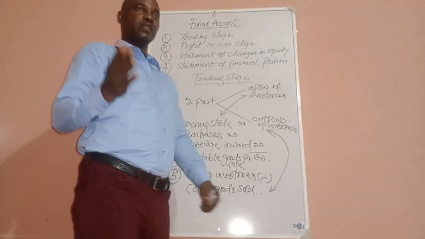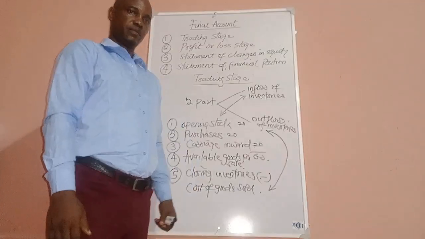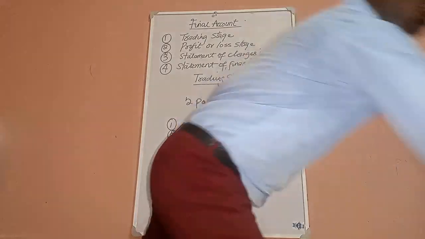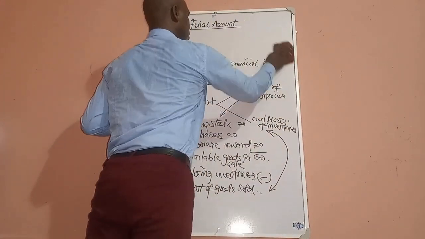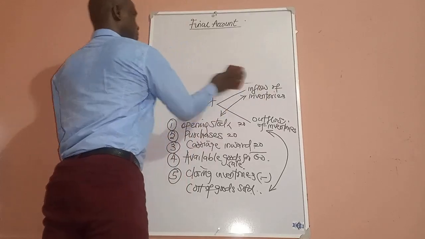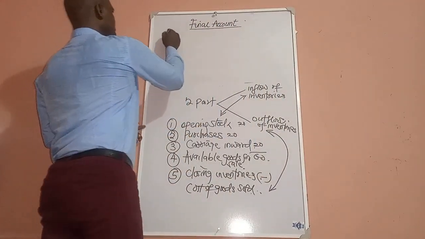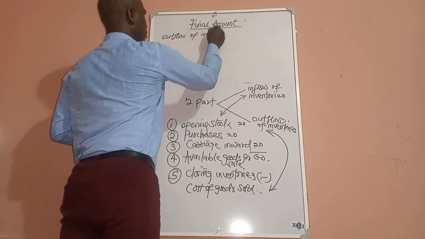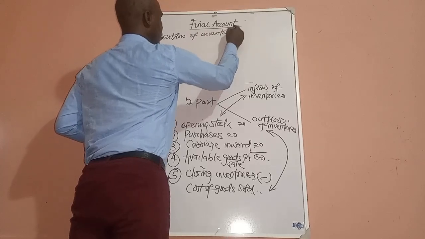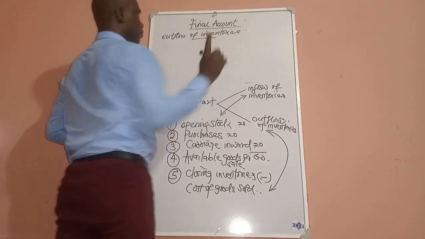Under the outflow of inventories, we don't have much. We have only 2 things.